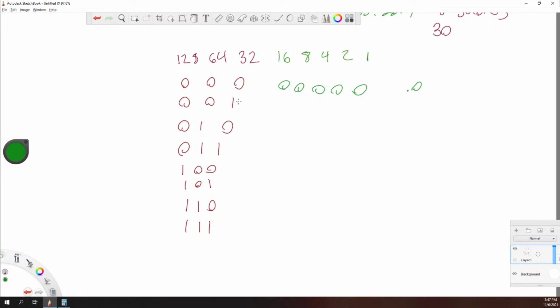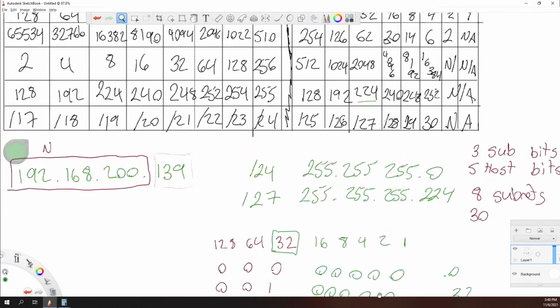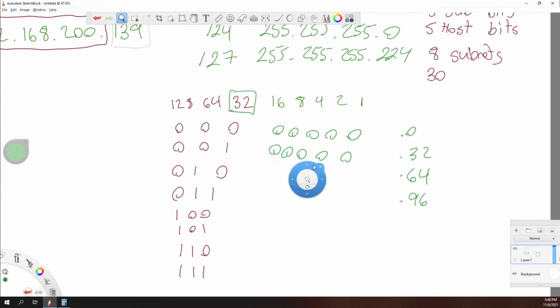If we flip the 32-bit and enter all zeros, then we get a 32. And then you just keep adding 32, because 32 becomes our magic number, which we increment by. So 32, 64, add 32 to that, 96, etc. And you can keep going until you reach that host address, the .139.